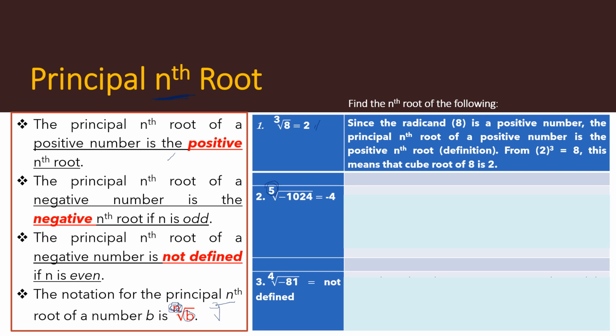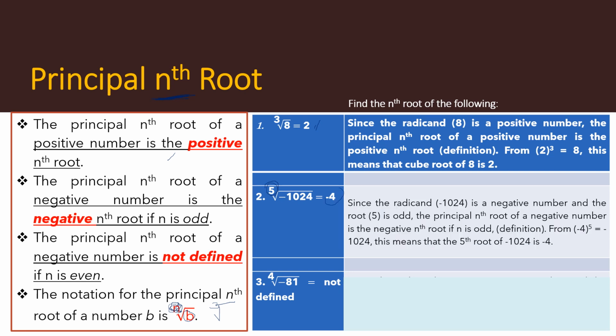That's why the result here is negative 4, since when we multiply 4 by itself 5 times, 4 times 4 times 4 times 4 times 4, the result is 1024. And since the radicand is negative, the result is a negative root, based on this definition.